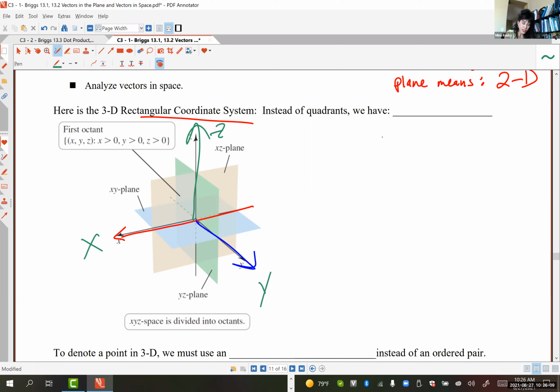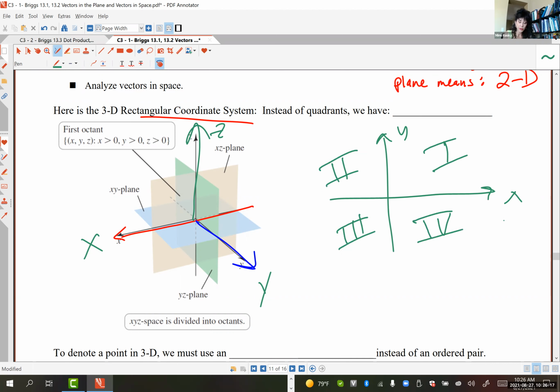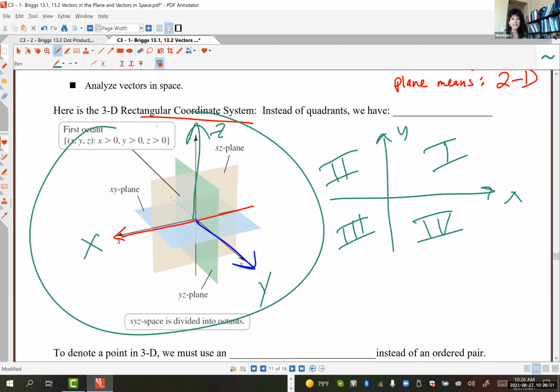Back when you took your 2D stuff, we knew that there were 4 quadrants and we even knew where they were located. But in 3D, you have 8 octants, 8 locations. You don't have to memorize all 8. I don't even know where they all are. But octant 1, I do want you to know.